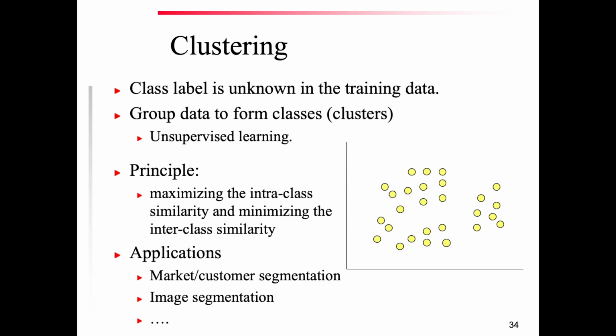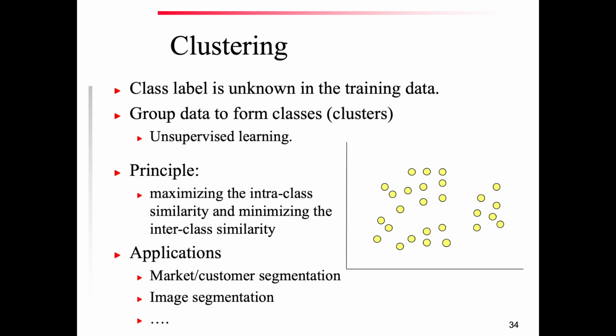How did I do that? These points are our data points. Assume that based on my analysis, I realized that data in this circle are more similar to each other, and they are not similar to data in this cluster, and they are not similar to data in this cluster.